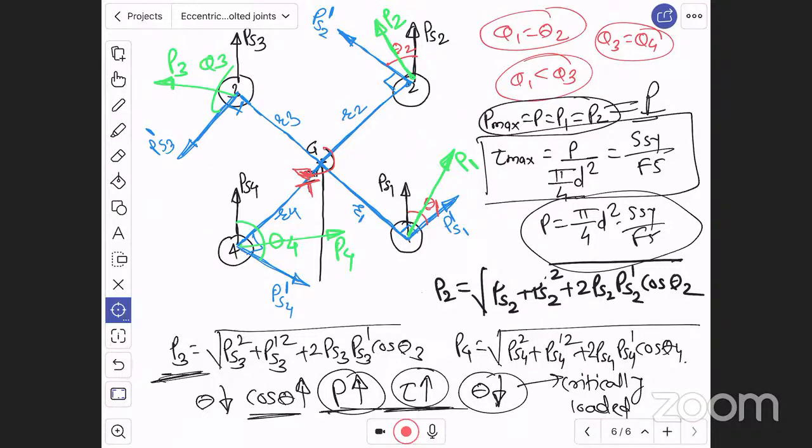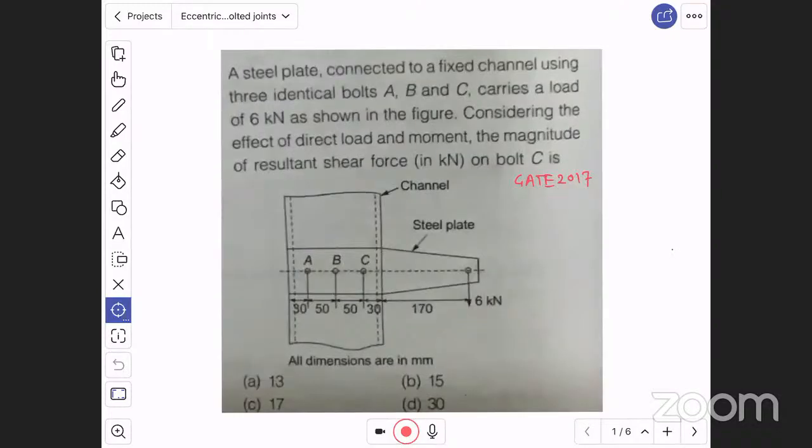Now first question is on your screen, which was asked in GATE 2017.